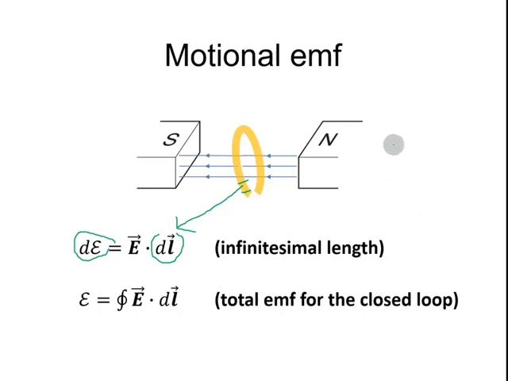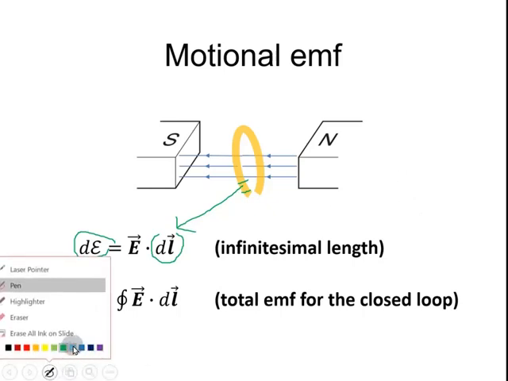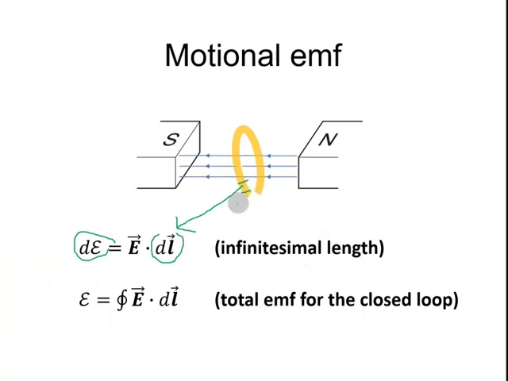Now, if we consider a whole coil from here all the way to this side, then we need to integrate, or we need to add all the small pieces together. In that case, we are integrating, we are adding the small fields along the loop. Then we are actually integrating along the loop.